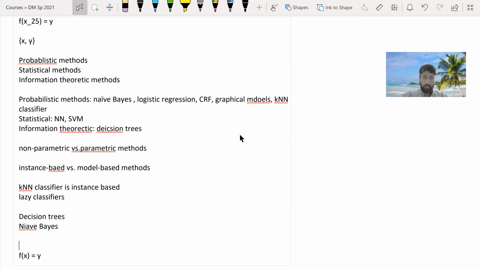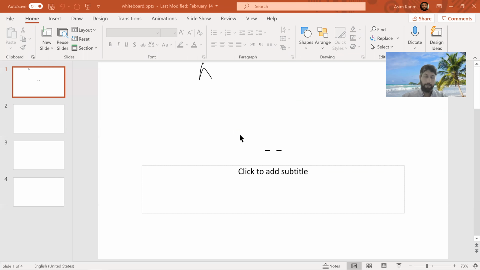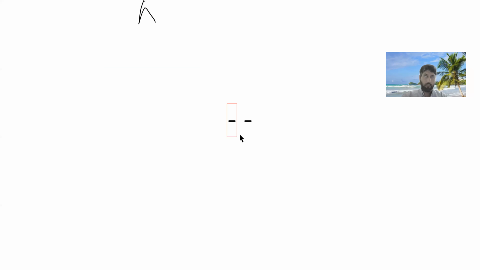So let me see if I can draw this. Basically, let's say you have 3 attributes, A, B, and C. So you can build a decision tree.